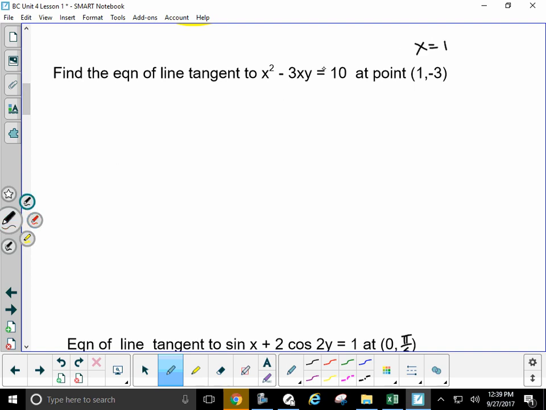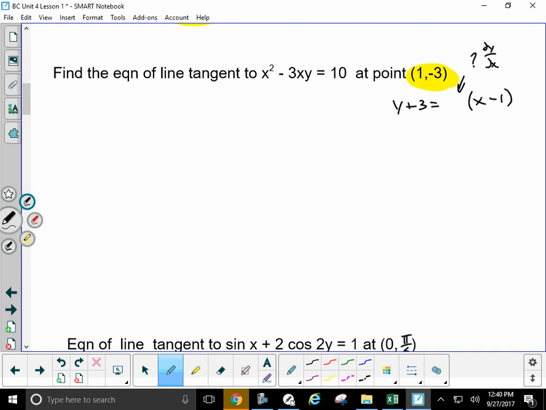Because if I plugged in x equals 1, there may be 2 y's for that x. So they make it easier for you by telling you the exact point on the graph. All we need to do is find m in our equation y minus y1 equals m times (x minus x1).